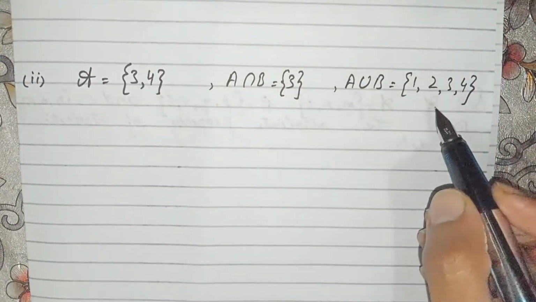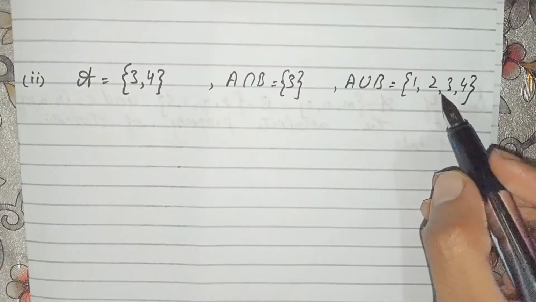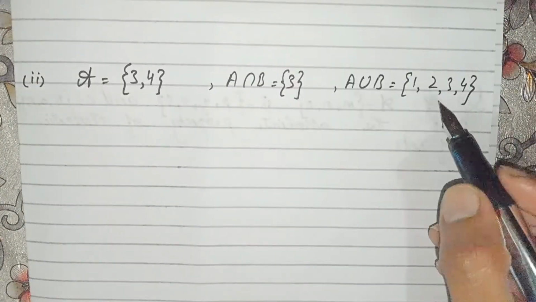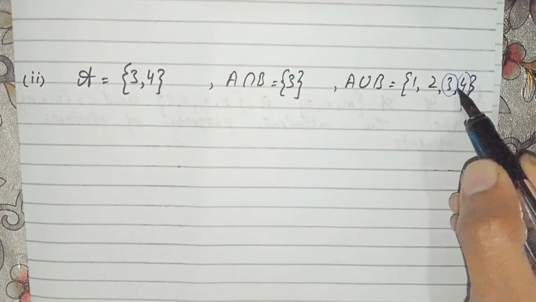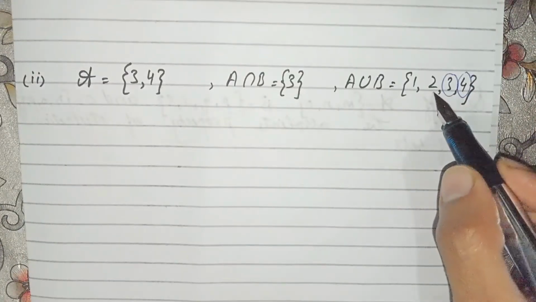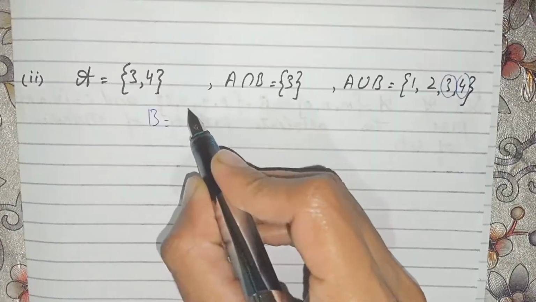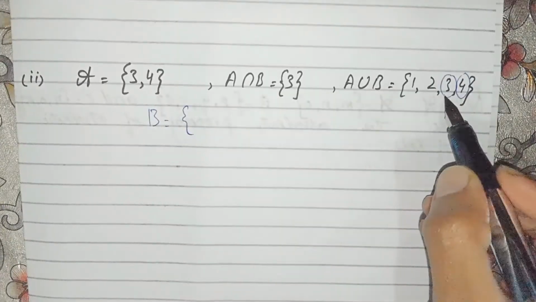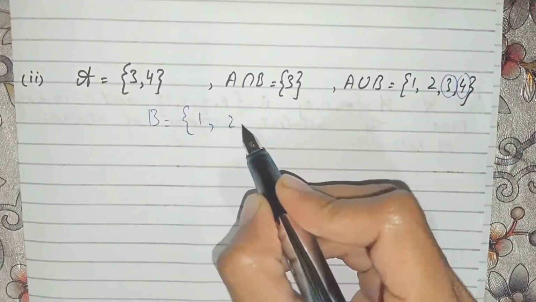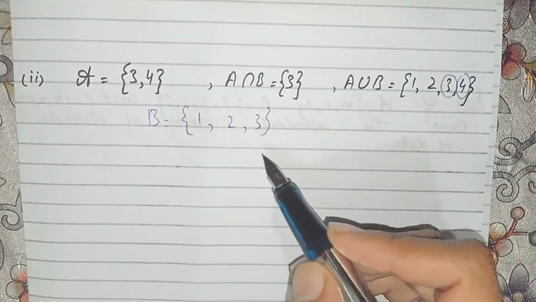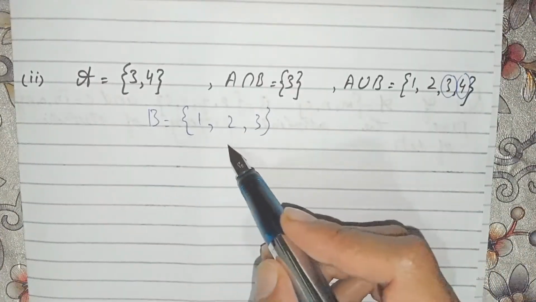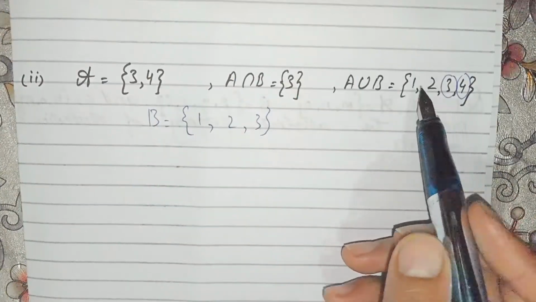A intersection B and A union B are given to us. In A union B we have to mention the values of A. These are 3 and 4, and all the left values are present in set B, and the common values we also have to write. You can also take the union of A and B and get this value.